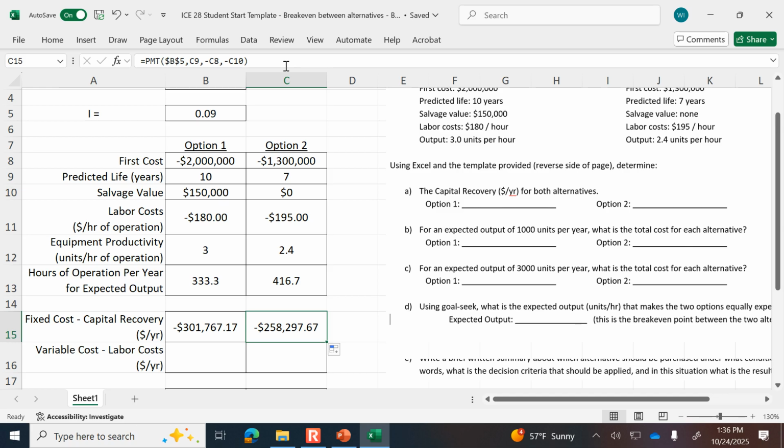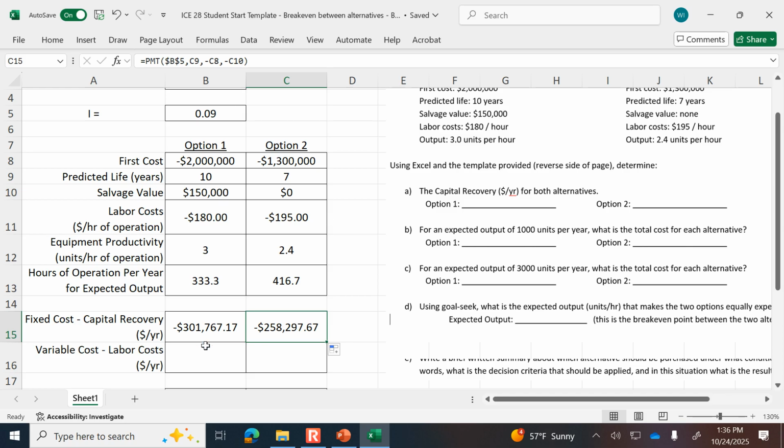So here, we're comparing option 1, which lasts for 10 years, and option 2, which lasts for 7. Since we are annualizing that, it's okay for us to compare them, even though they have different useful lives. Let's just assume that we could go out and buy another version of option 2 sometime in the future once it wears out. I just wanted to acknowledge that.